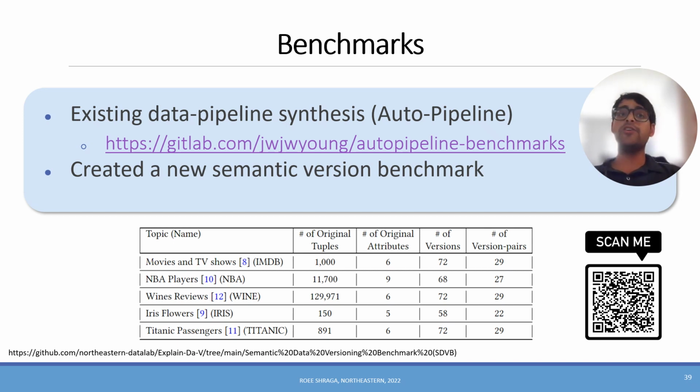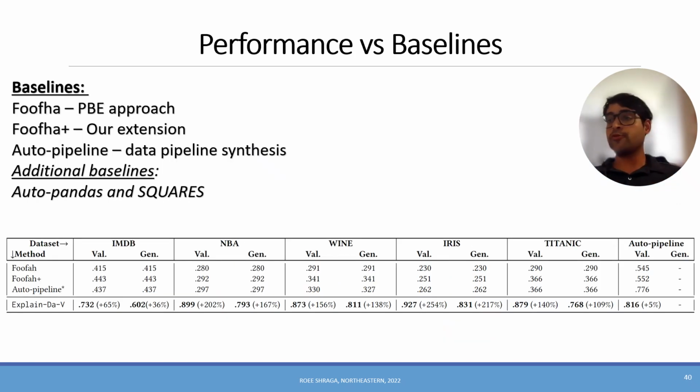But we also created a new semantic version benchmark that is available online and is shared here, that introduces different topics of versions and in general introduces hundreds of dataset versions and annotated changes that we can use for evaluation in our experiments. So as I mentioned before, we have 5 different topics here: IMDb, NBA, Iris, Titanic, and one existing benchmark that is called AutoPipeline.